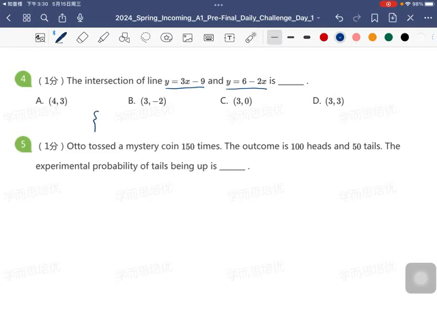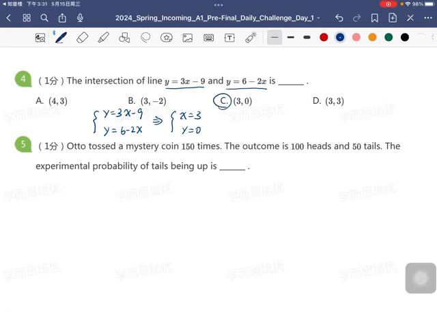So you can create a system of linear equations: y equal to 3x minus 9, y equal to 6 minus 2x. If you solve this system, what you get is going to be the intersection, which is also a solution that works for both equations. What you're going to find is that x will be equal to 3, y is going to be equal to 0, and this point of intersection should be (3, 0).